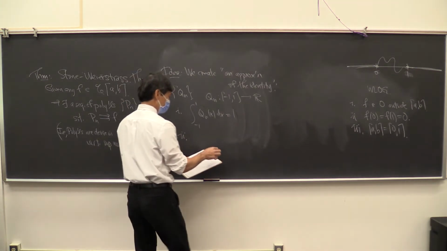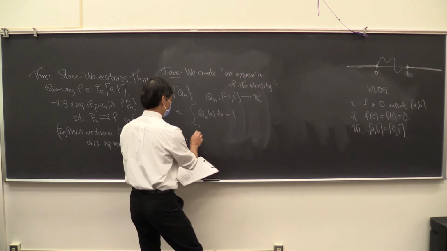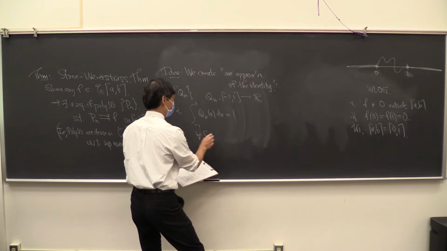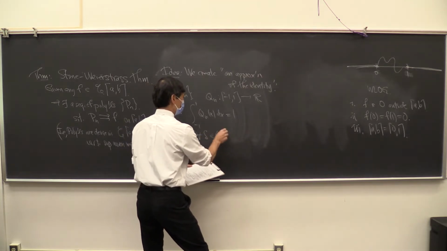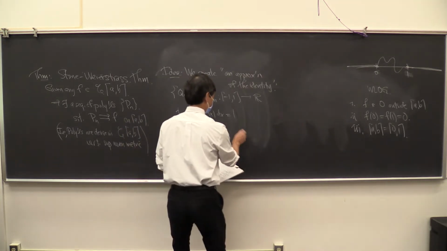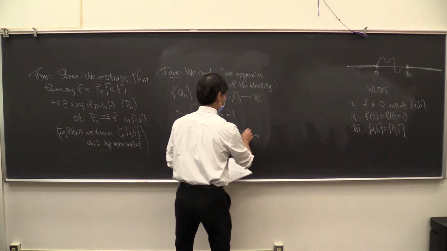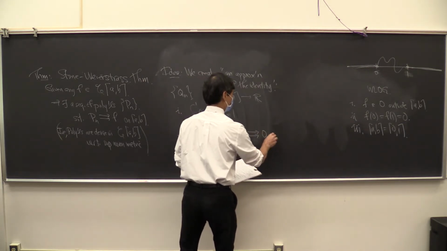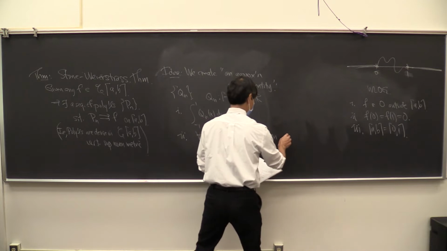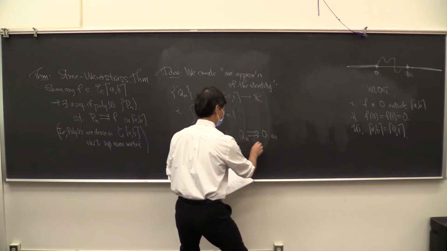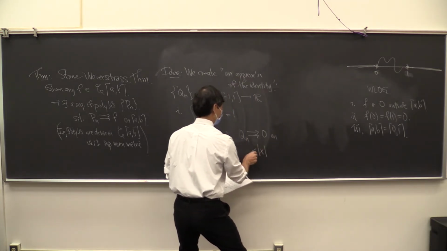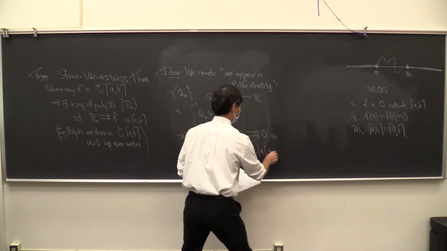And they'll have the following property: given any delta in (0, 1), Q sub n will converge to 0 uniformly on the set where the absolute value of x is bigger than delta.